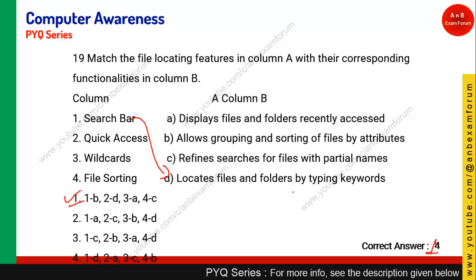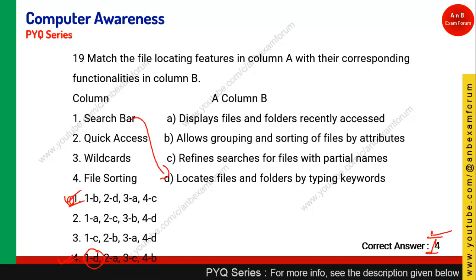This option is right only. So option 4, I forgot, option 1 is D. So 1 is D. So option 4 is the right answer. Search bar means it is going to locate the file by using typed words. So with this first one we are able to answer. Okay, this is right only.